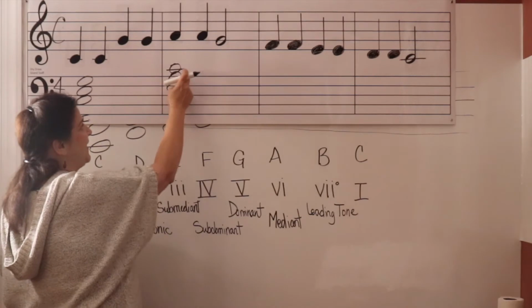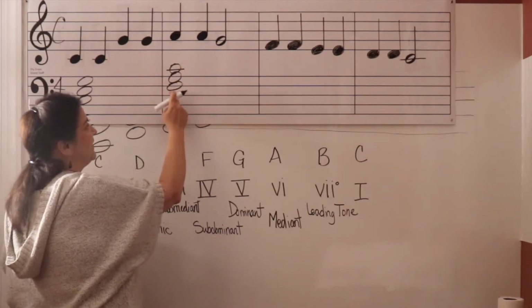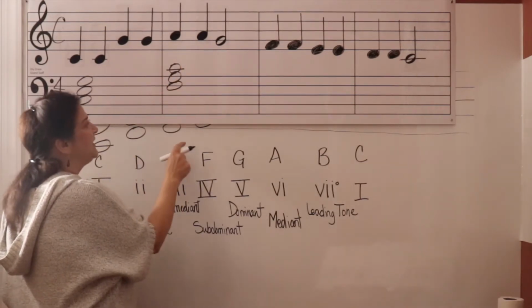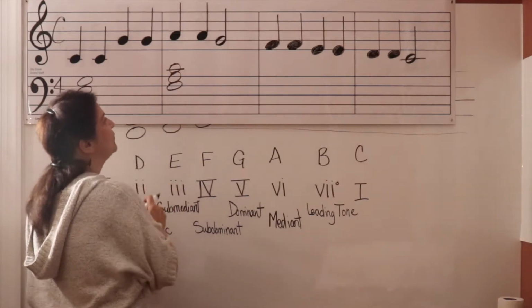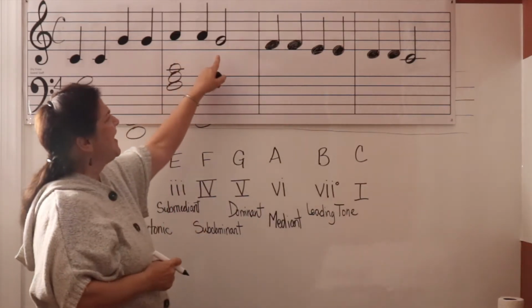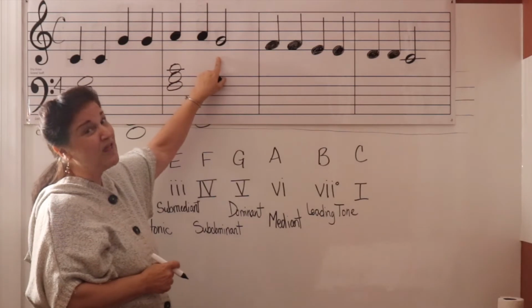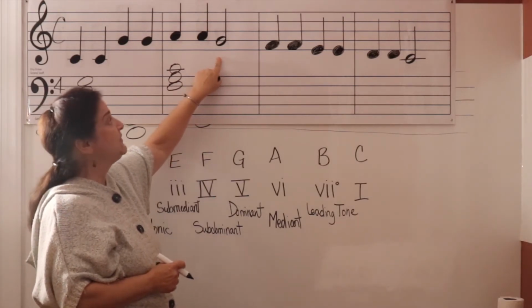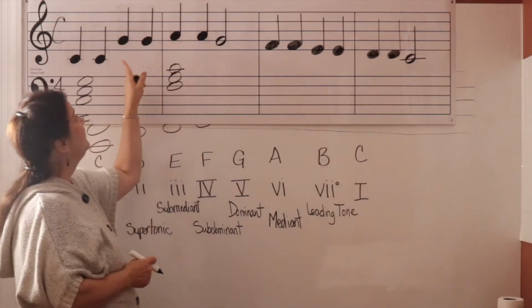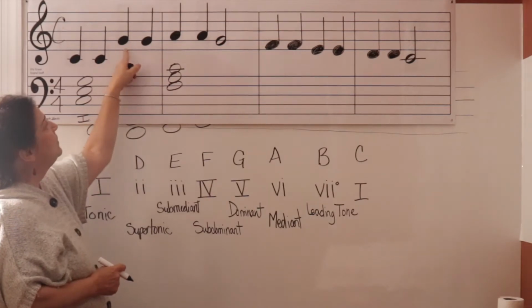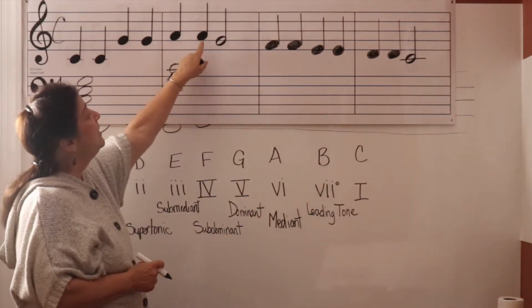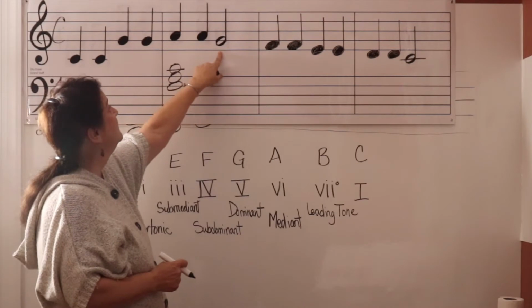Remember, it was based on the note. The triad is based on the scale step. C, D, E, F, and then we have the triad on that. Now we have the same thing. Do, do, sol, sol, la, la, and then sol again.